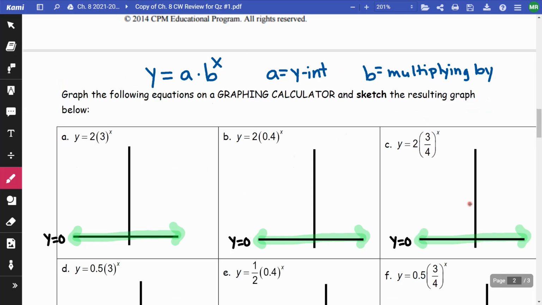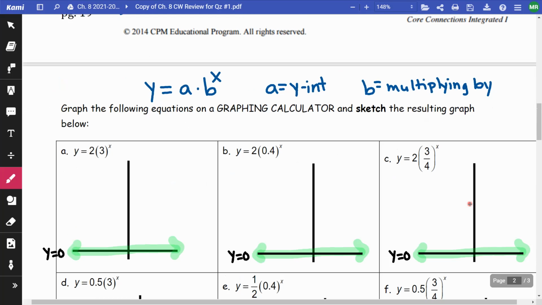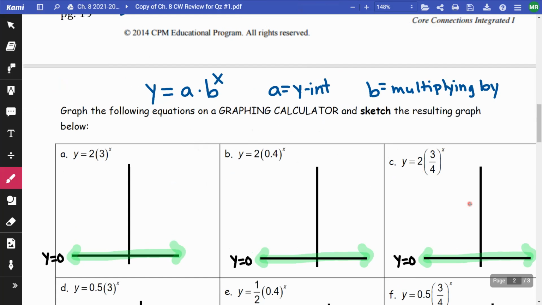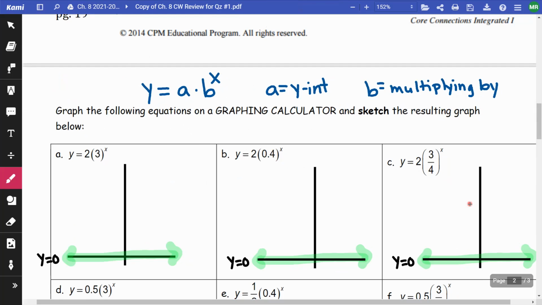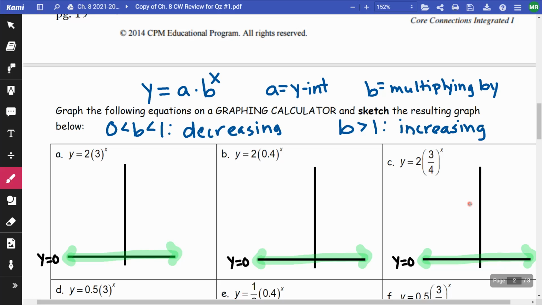Now, when we're doing this, if my b is between 0 and 1, it is going to be decreasing. If my b is greater than 1, it is increasing.